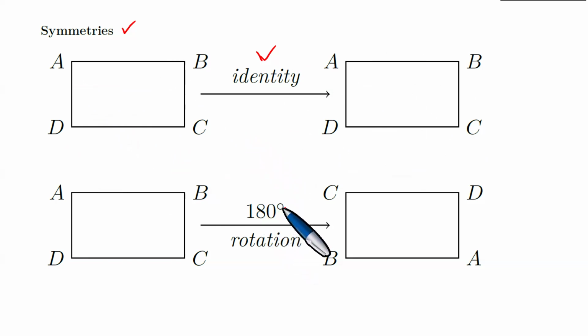Let's look at the 180-degree rotation. If we rotate these by 180 degrees, let's see what happens here. We can see that here's our A, and our A is now here. And let's look at our B. Our B is now there.